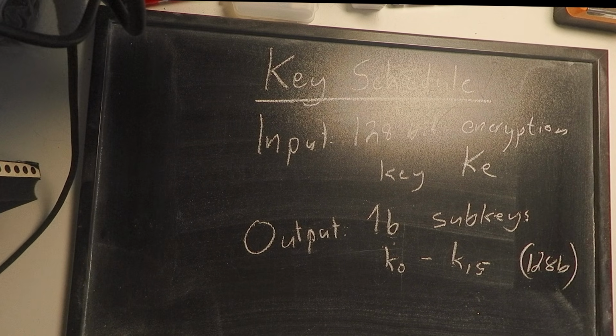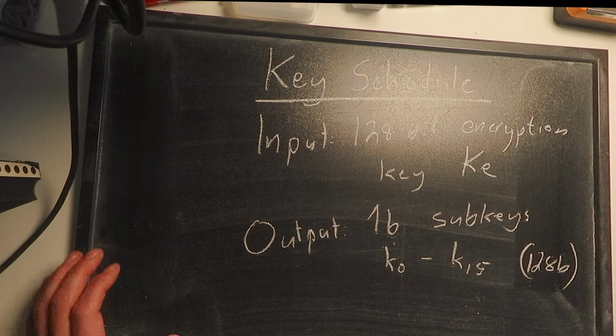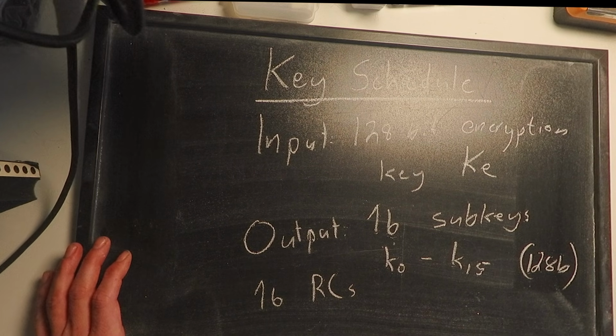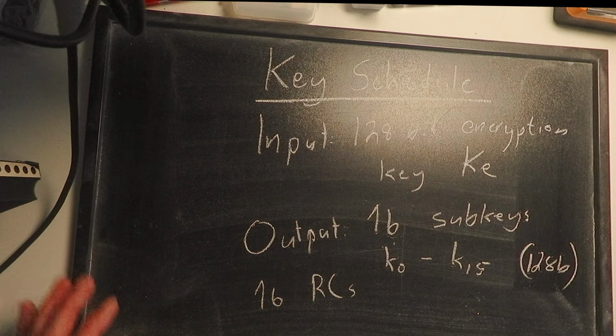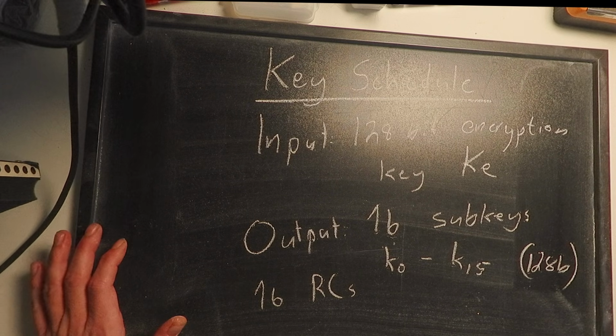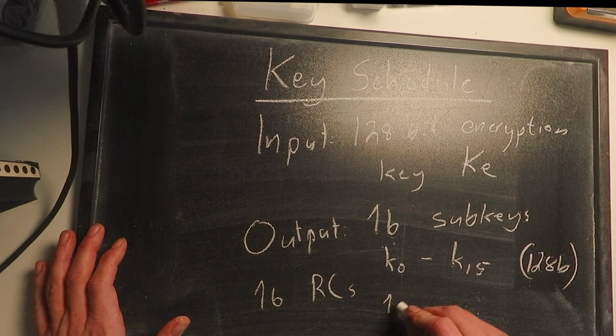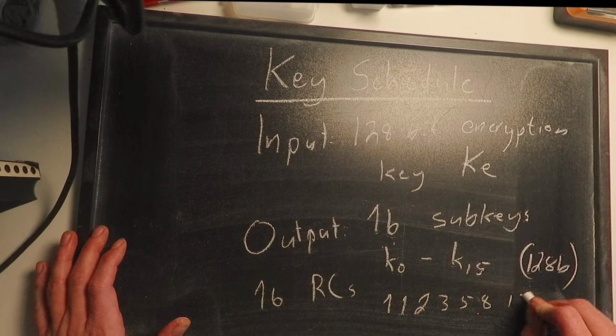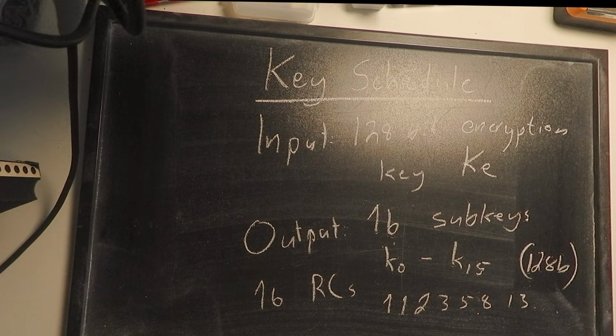And then in addition to this, we are also going to have 16 round constants, which are based on the Fibonacci numbers. So 1, 1, 2, 3, 5, 8, 13, and so on. The 16 first Fibonacci numbers.